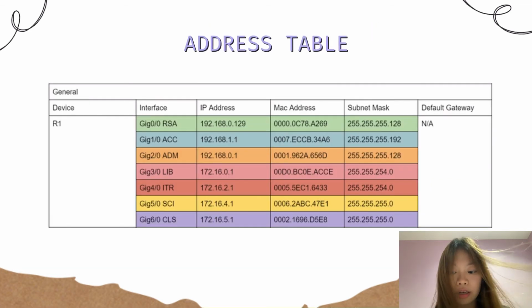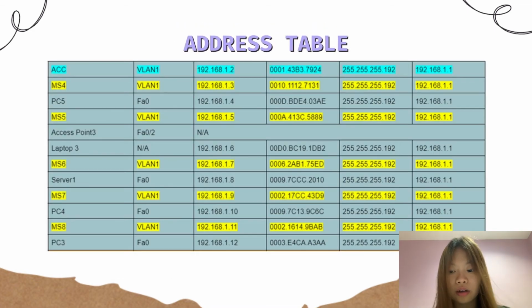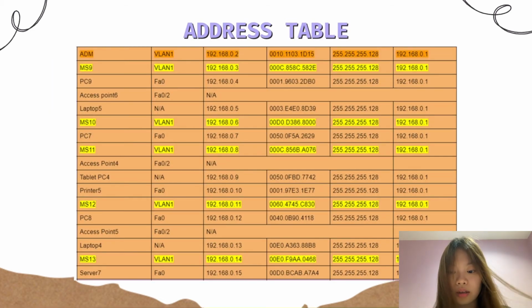After that is the address table for the router, and then this is the address table for the registry student admission department, and this is the account department address table. This is the administrative department address table.